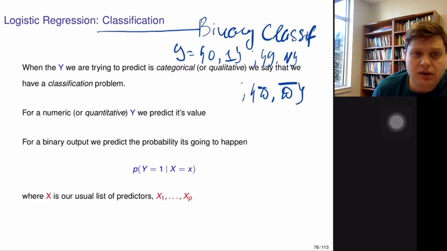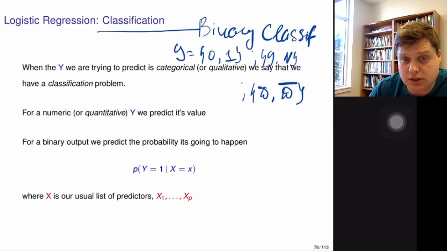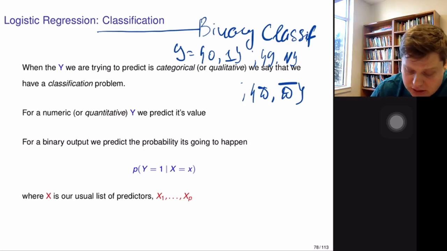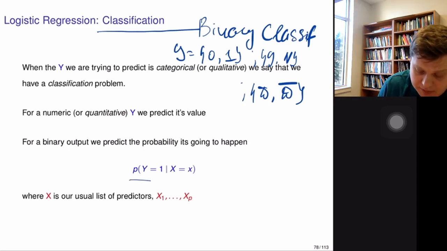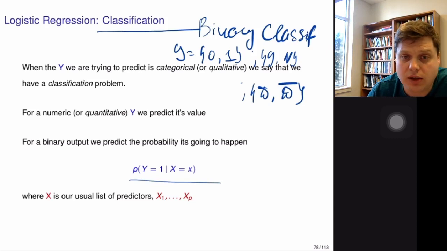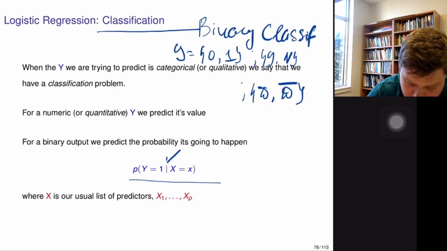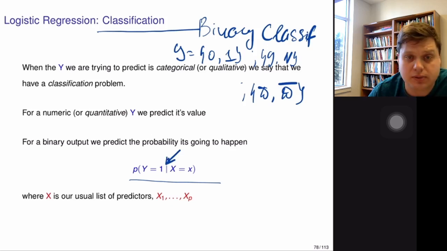Okay, and so for the binary case, when y takes just two possible values, 0 or 1, essentially what we are trying to predict, instead of predicting 0 or 1, is the probability that y equals 1 given x. So that's how we read the statement. You saw this when we talked about conditional probability.